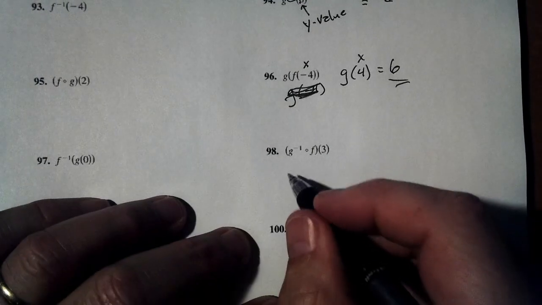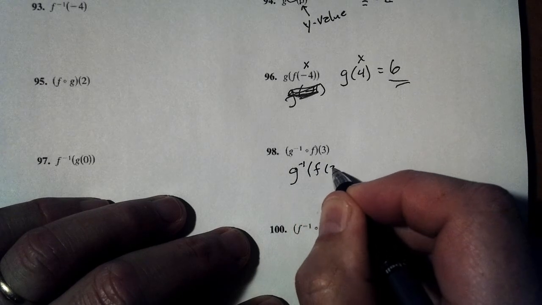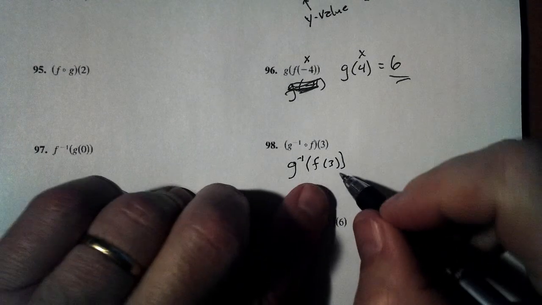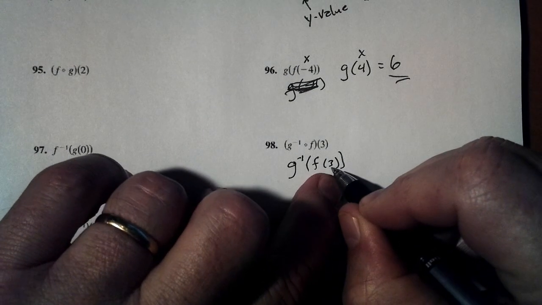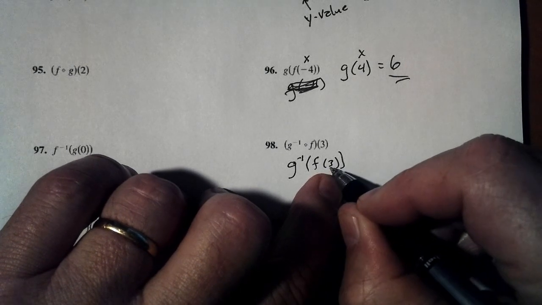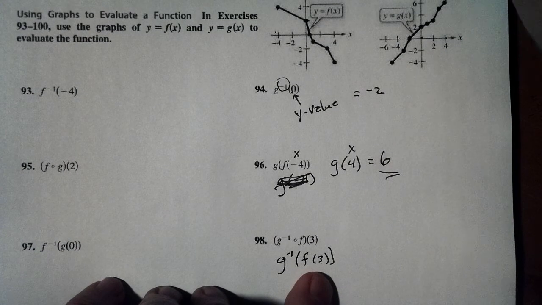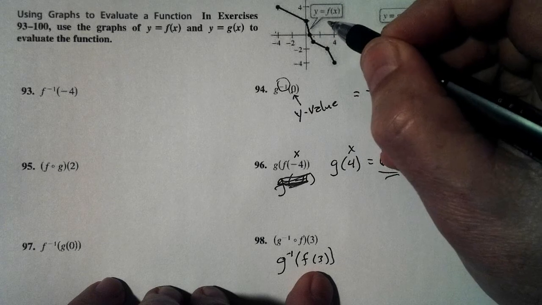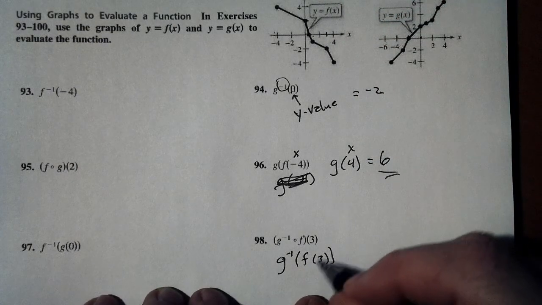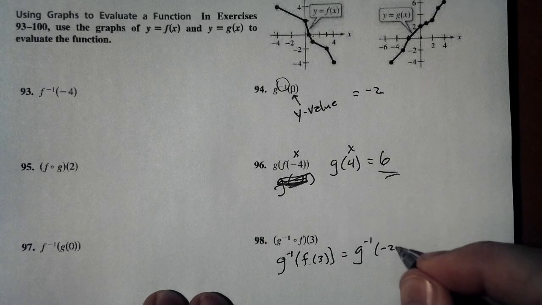Now, g inverse, I don't like this form. I'm going to go g inverse of f of 3. That speaks to me. So is this 3 an x value or a y value? This 3, it's plain old f, is an x value. So on f, I want to go over 3. I guess that takes me down to 2.